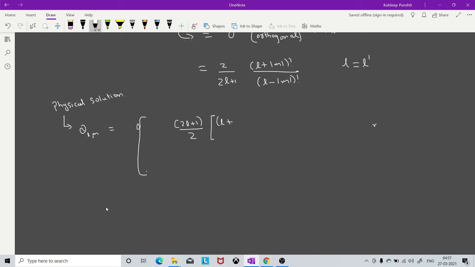I am taking the condition right now where m is greater than or equal to 0, so I can remove this modulus.